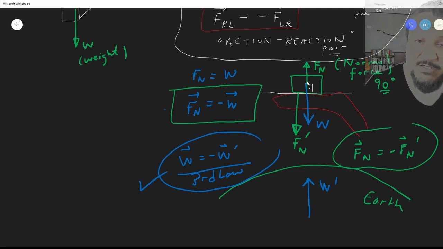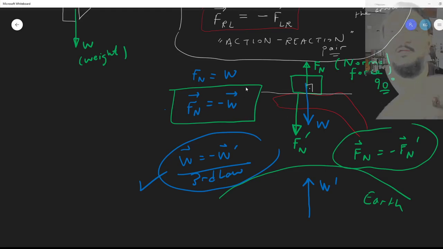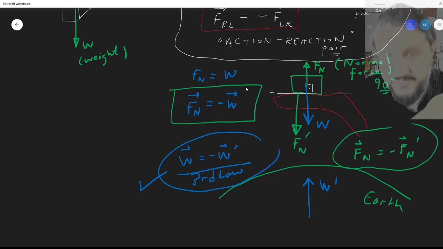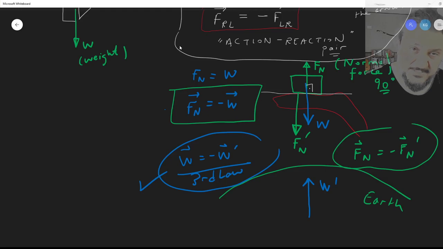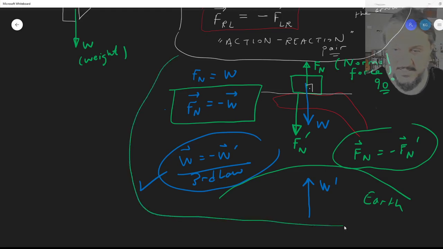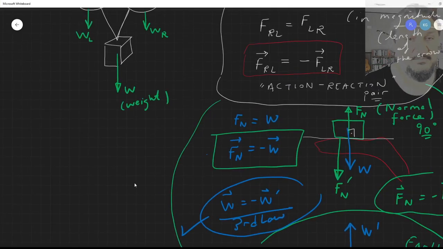But if you only consider Fn and W, the normal force and the weight, although mathematically you can write it like this, these two do not form a Newtonian pair. Very important point. So let's close this parentheses here, and let's go back to our balloon example over here.